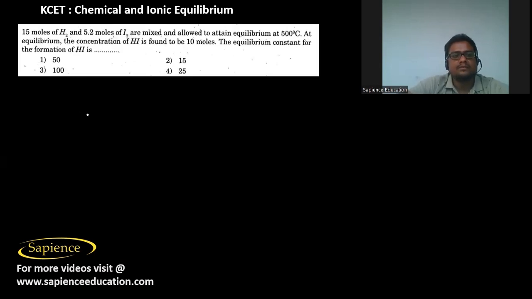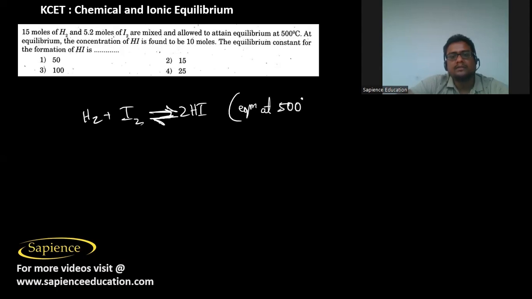Then here it is told 15 moles of H2 and 5.2 moles of I2 are mixed and allowed to attain equilibrium. So 1 mole of I2 will react with 1 mole of H2 to form 2 moles of HI. And here it is told the equilibrium is attained at 500 degrees Celsius.